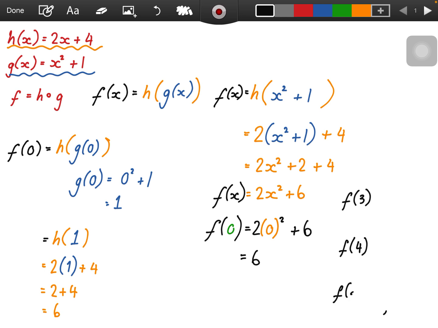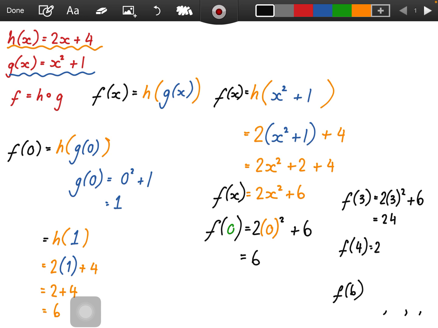Instead of having to put every single one of these first into g and then the answer into h, I can now just go straight to saying, well, that is 2 times 3 squared plus 6, so that is 24.